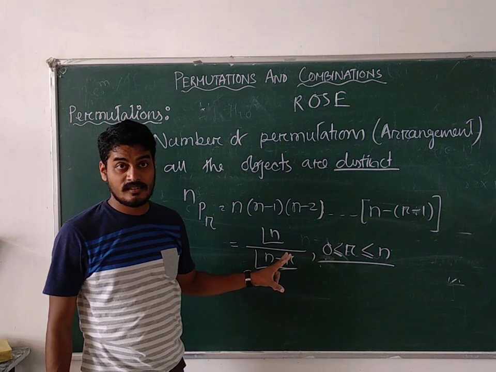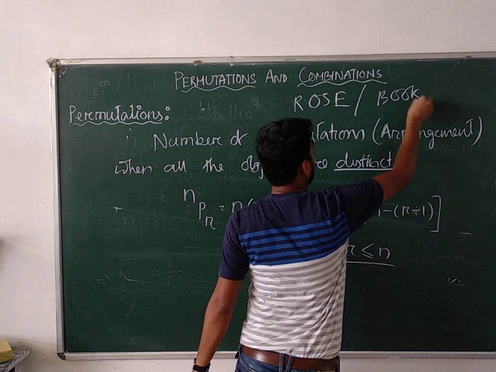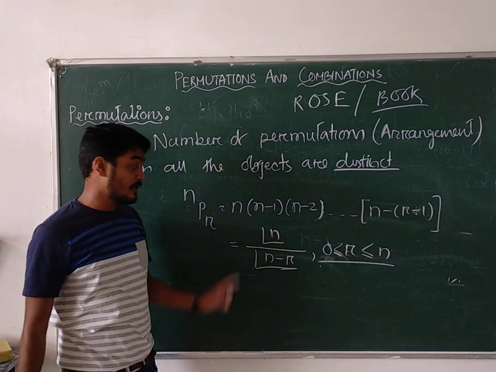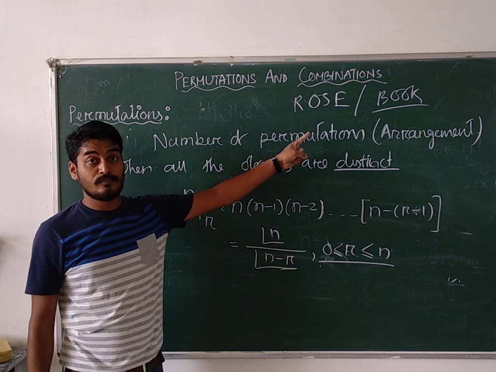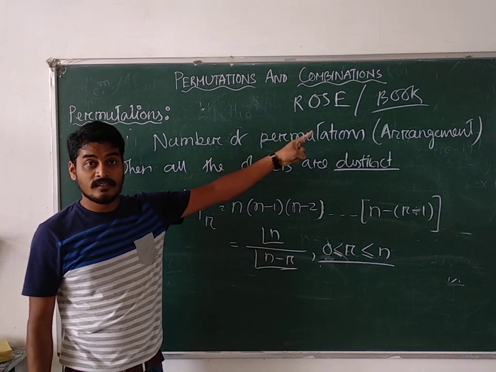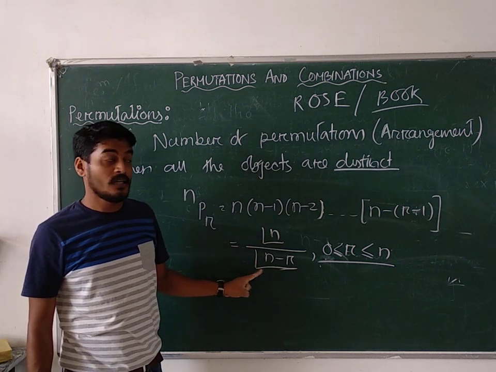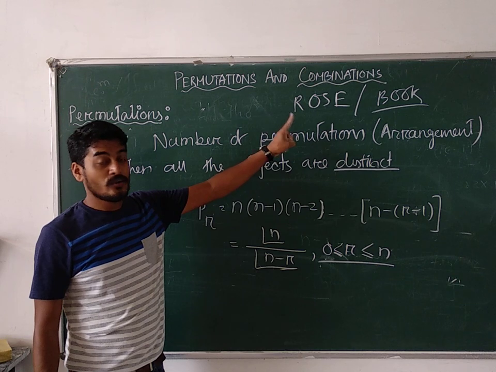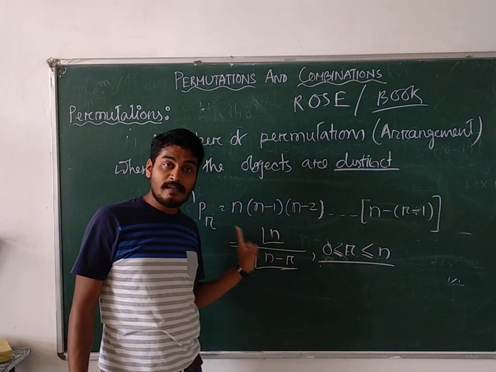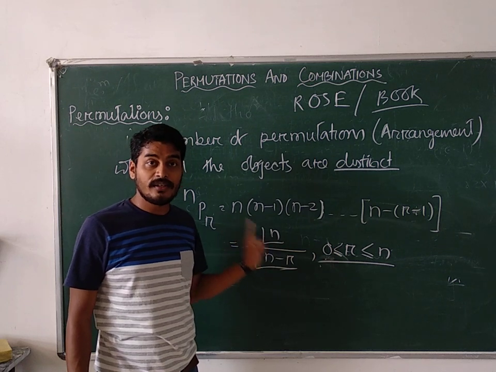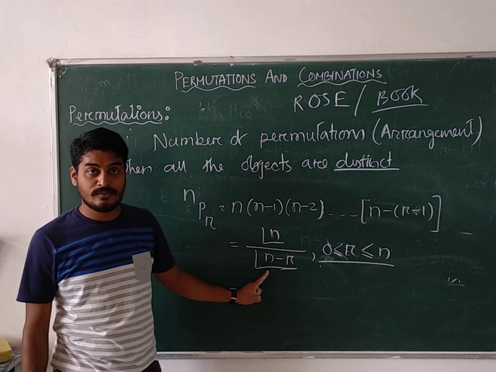But how many new words can be formed from the letters of the word BOOK? We will not apply the permutation formula directly, because O is repeated twice here. If objects are not distinct, you are not supposed to apply this property. If objects are distinct, to have the total number of arrangements, we will apply nPr. It's very, very important. Objects are distinct, formula directly applies.